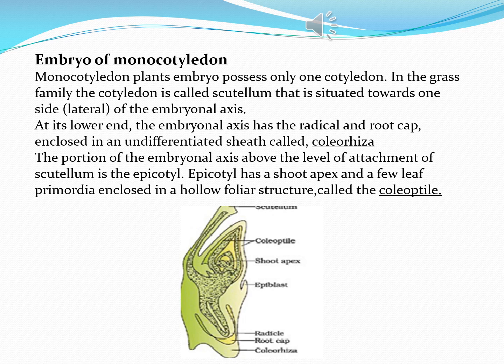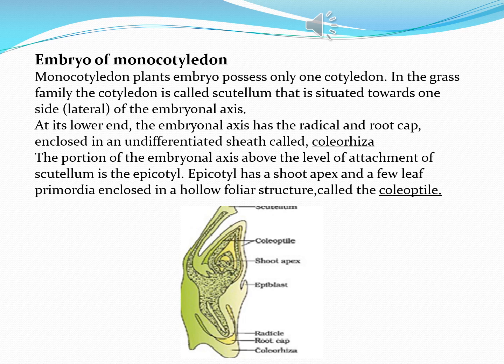So the monocot embryo possesses only one cotyledon, called the scutellum in grasses.